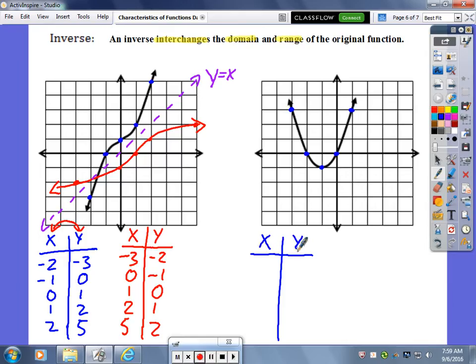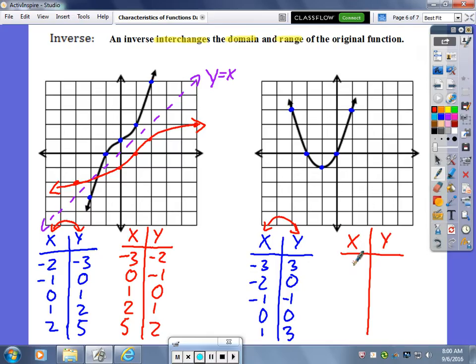Going from left, we have (-3, 3), (-2, 0), (-1, -1), (0, 0), and (1, 3). Flip the coordinates to create a new table of values. Now the x values are 3, 0, -1, 0, and 3. The y coordinates are -3, -2, -1, 0, and 1.